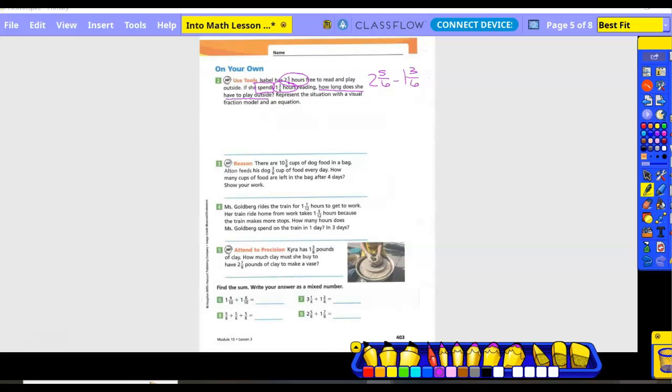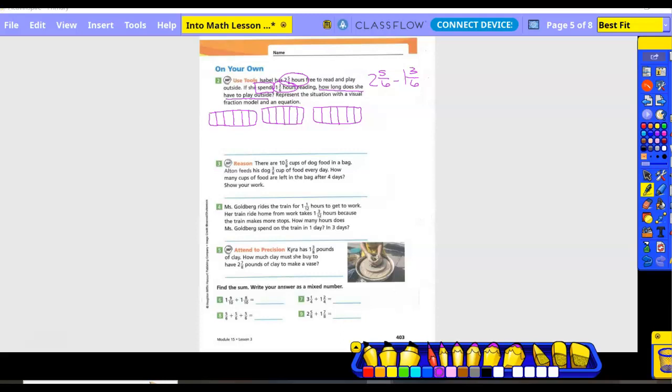And they want a visual model. So how many rectangles do I need to draw? 3. And break each one into how many pieces? 6. Okay.